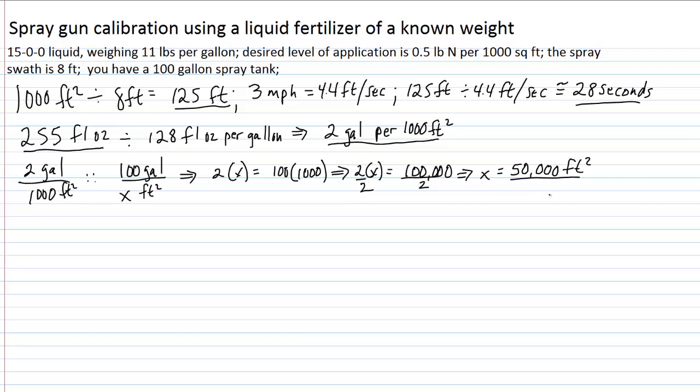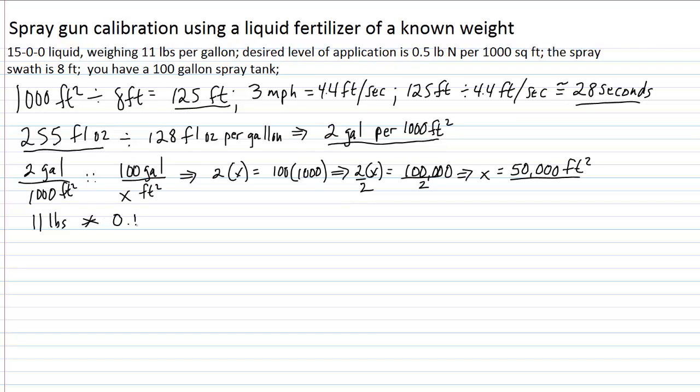Now the only additional step that we need to do compared to our other calibration examples is we must work with this weight on a pound per gallon basis. This material is 11 pounds per gallon, and its analysis is 15%.